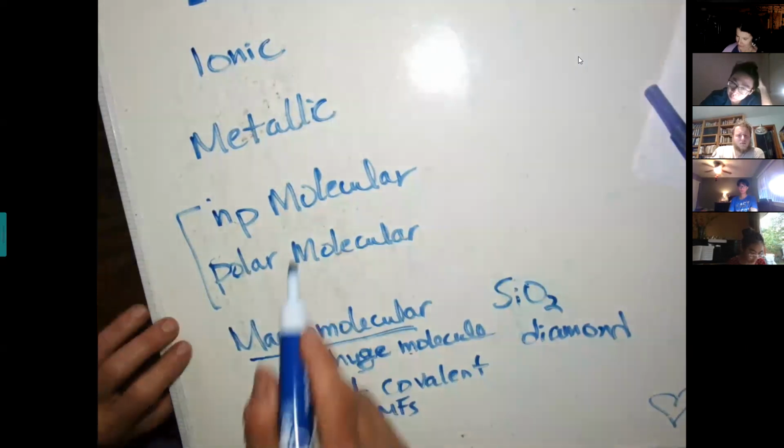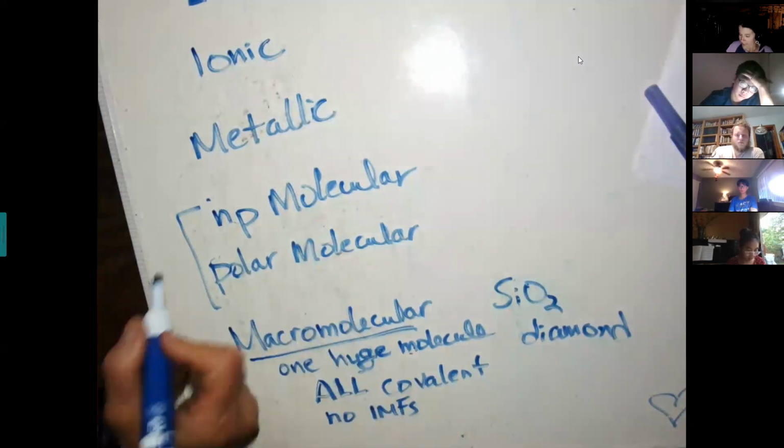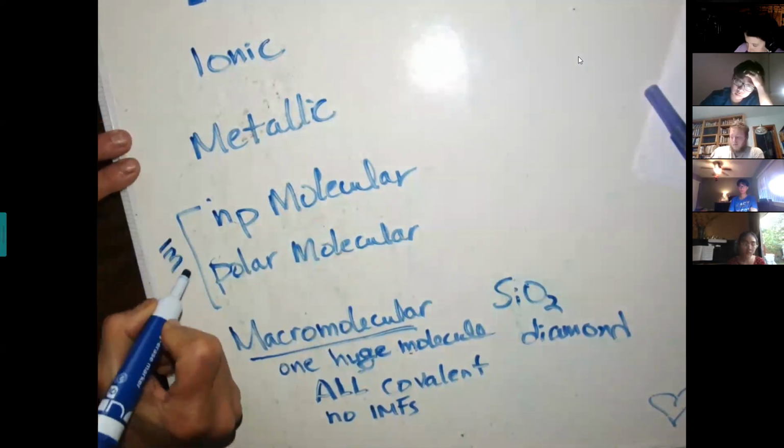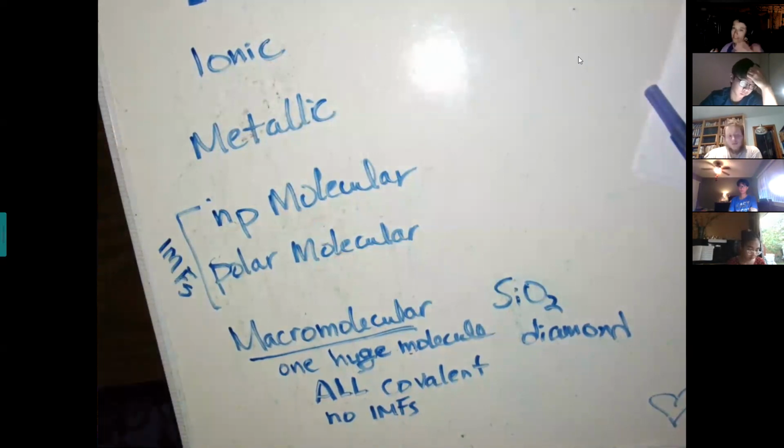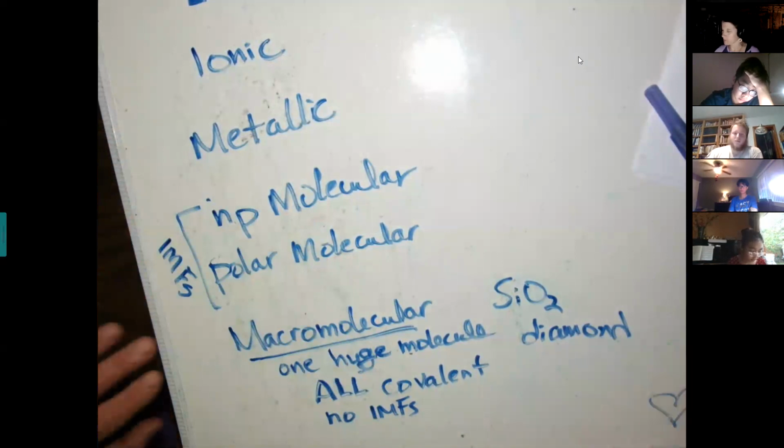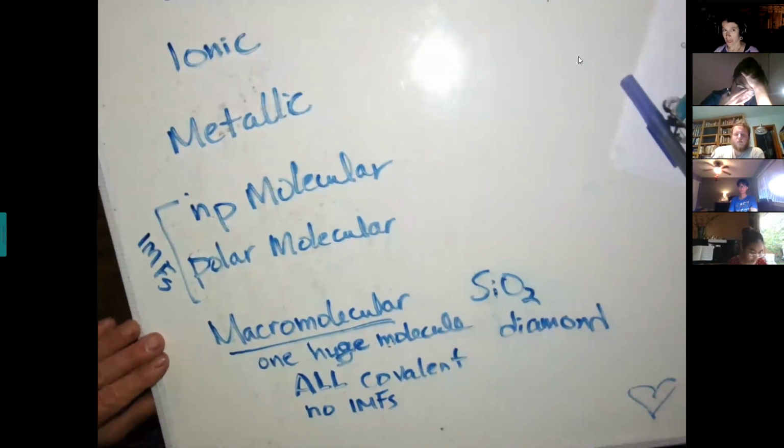These guys here, the nonpolar and the polar, they have IMFs. And so what you would do in lab, if we were doing this lab, one of the ways you can distinguish these 5 categories is you actually melt them. So you don't get to work with Bunsen burners, the gnomes do.